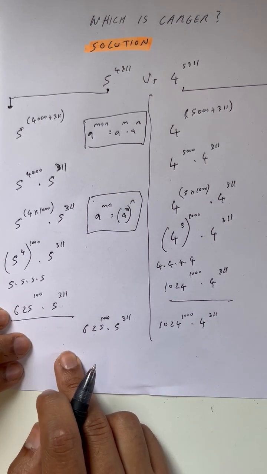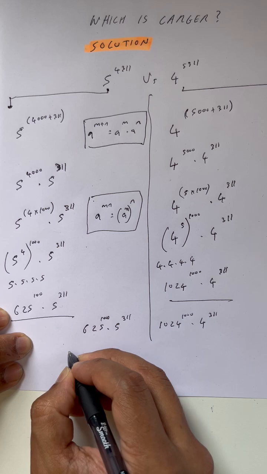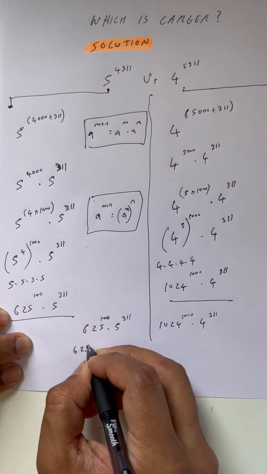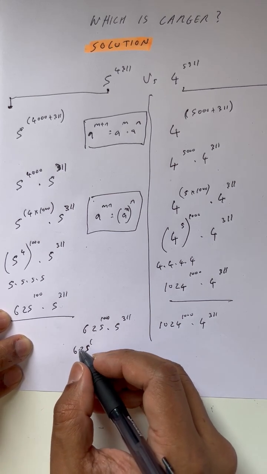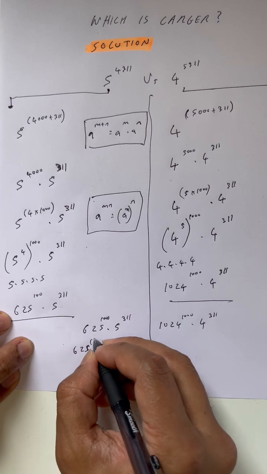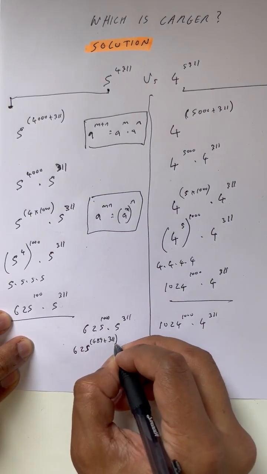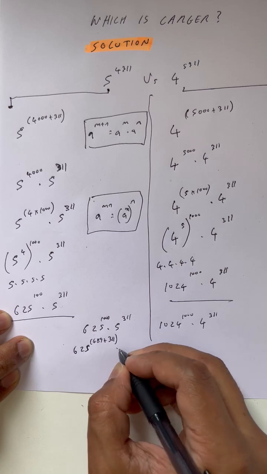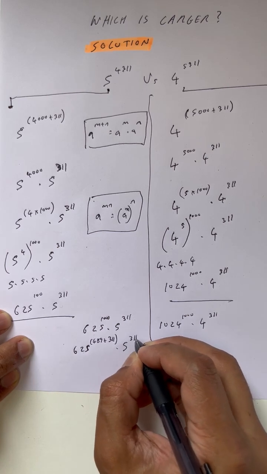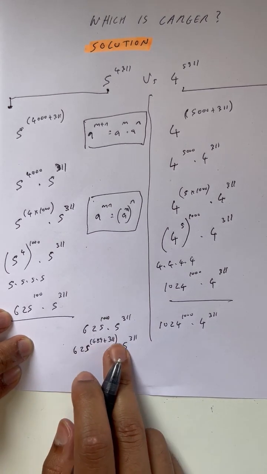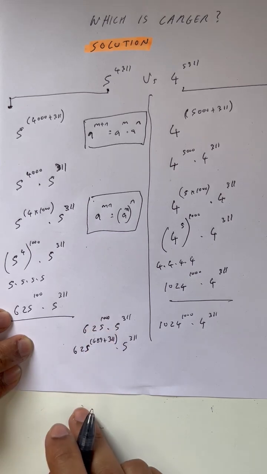Let's start with the left hand side. We can re-express this as 625 to the power of 689 plus 311 times 5 to the power of 311. 689 plus 311 is still 1000.